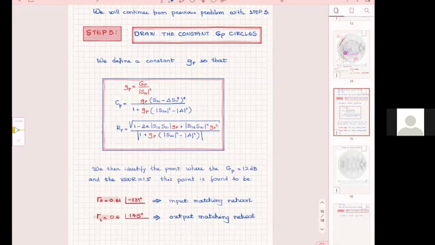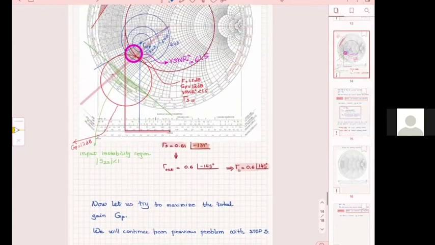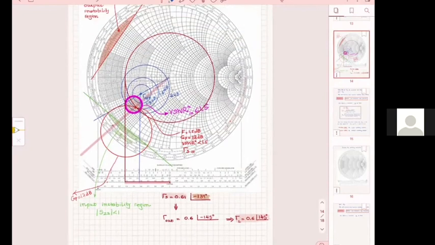Whenever you're doing that though, you were looking for ones that specifically intersected with the noise circles, correct? Yes, in this particular case. But let's say if it's inside of the circle, then you know that you have noise less than what the circle represents, correct? It will never be inside.